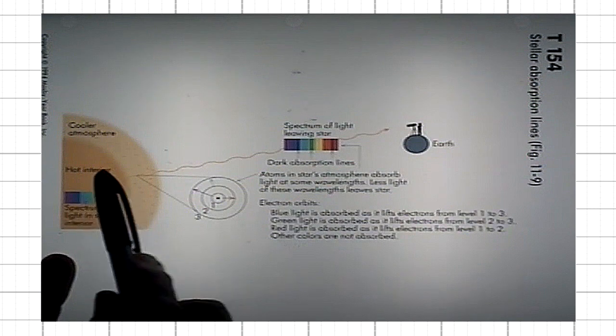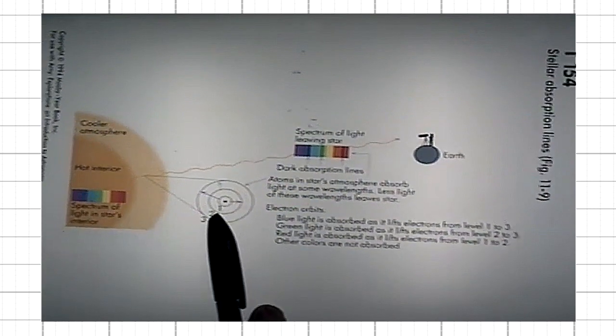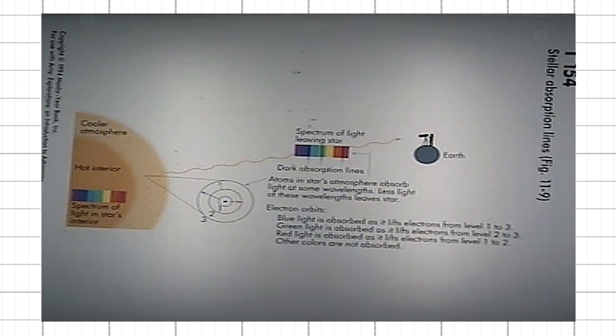So what happens as that radiation passes through the cooler atmosphere, and because it's cooler, you have a lot of lower energy states of the atoms occupied by the electrons. So they can get promoted to high energy levels through the absorption of photons.